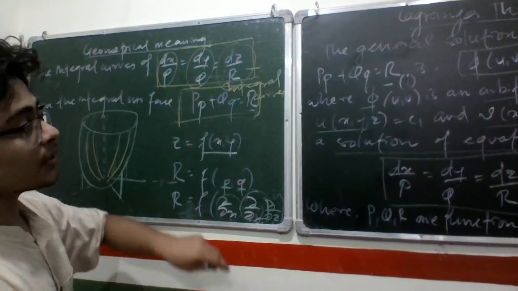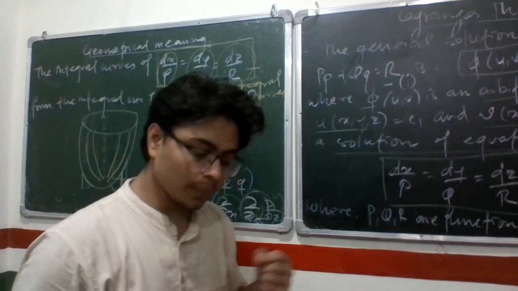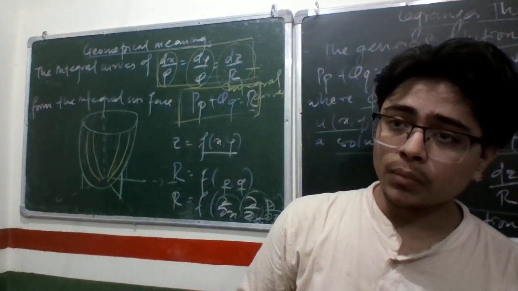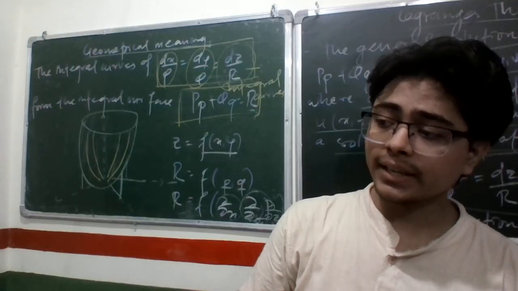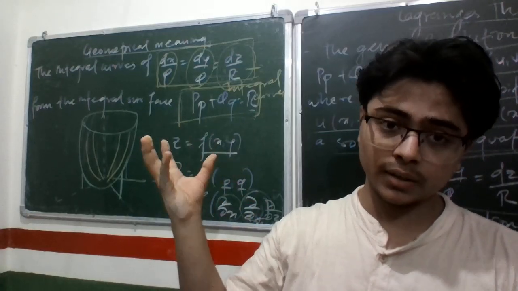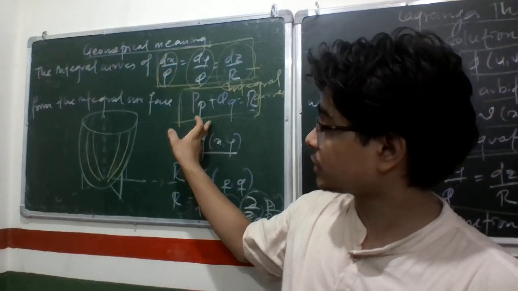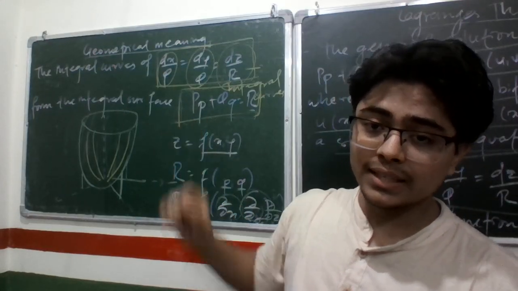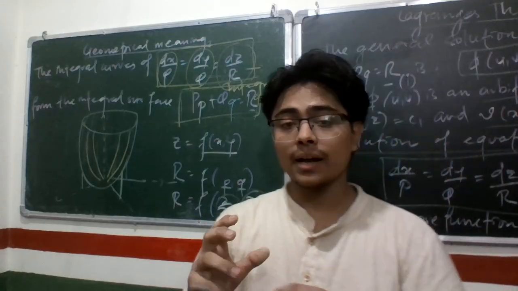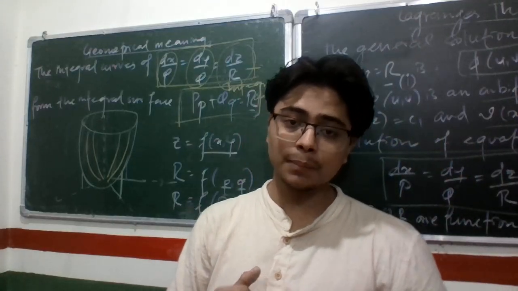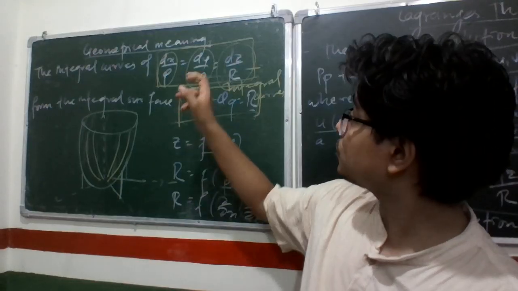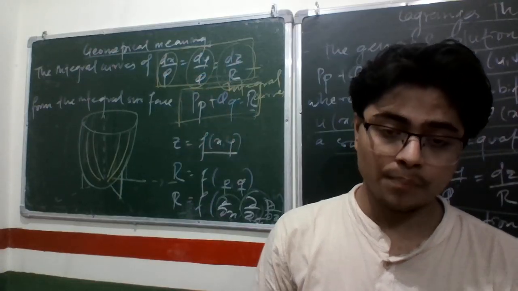So you can think of the geometrical meaning of Lagrange's theorem as a surface being created, which is given by this equation, and the structure is played by the integral curves, which can be found by using these equations.